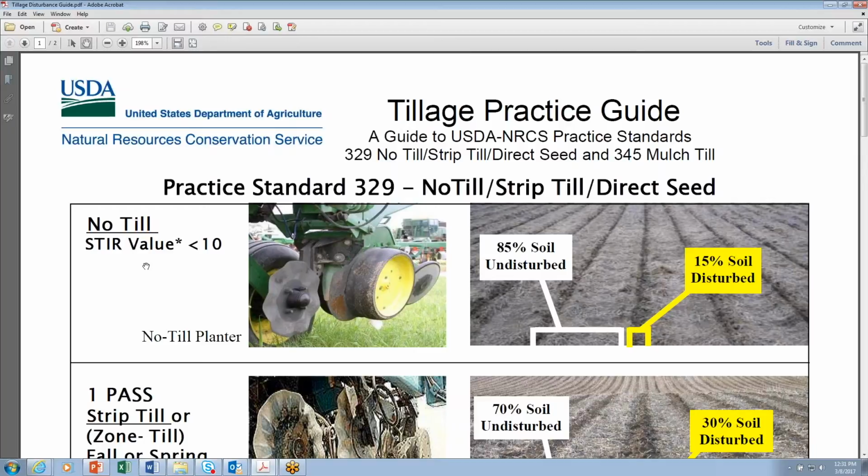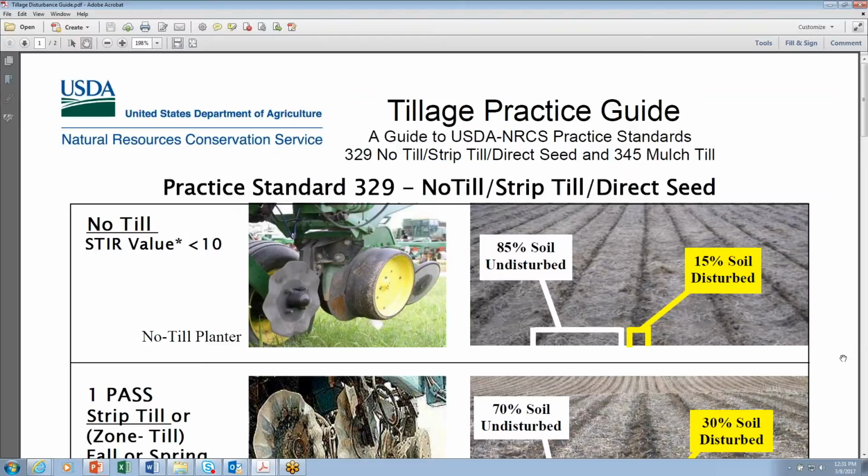There's not much going on out there other than you're absolutely using a no-till planter. You may knife in some nitrogen, but if you do, you're using really narrow knives that are not going to disturb much of that soil.